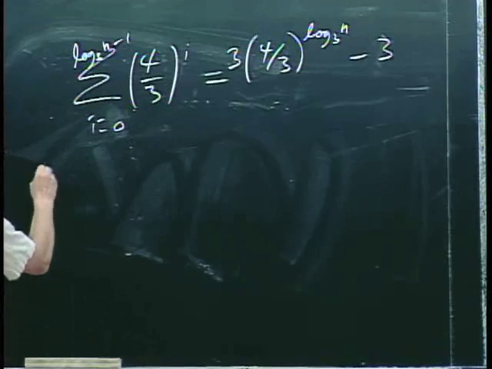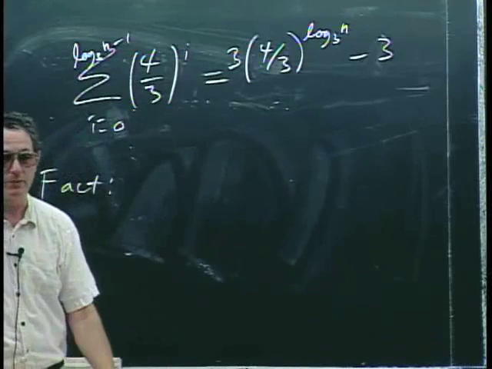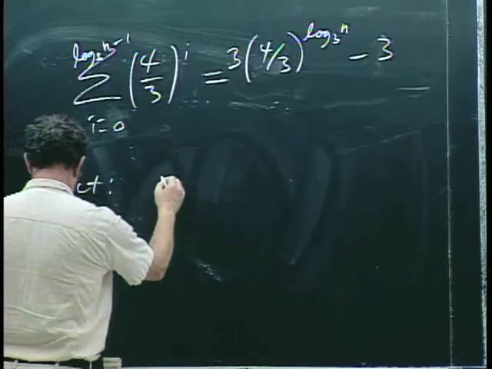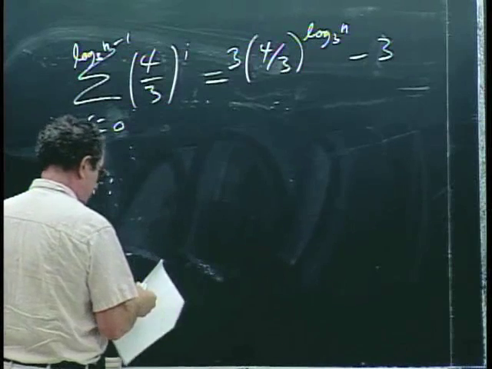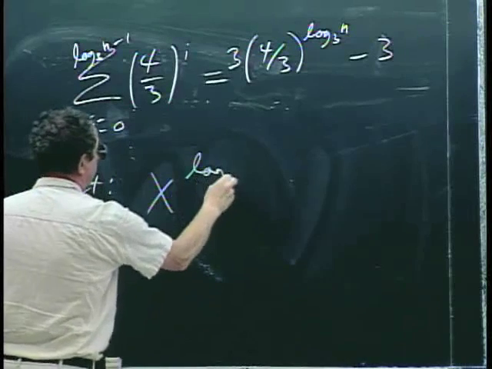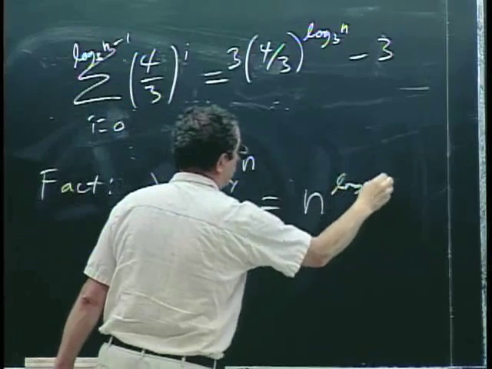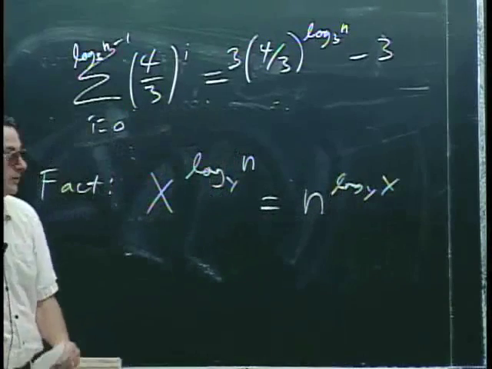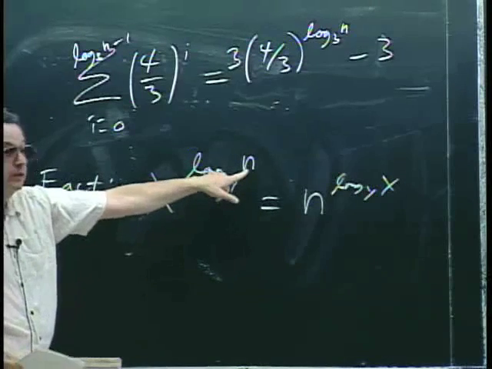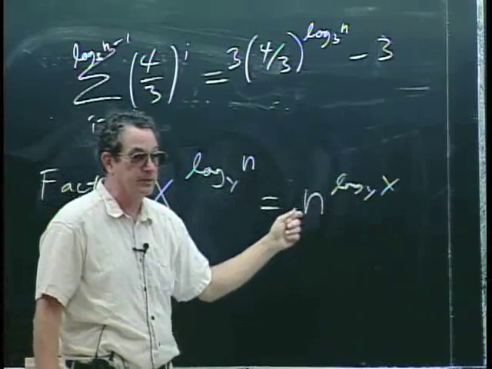So here's a fact that I certainly forgot from when I was in high school, but relearned sometime later, that if we have x to the log base y of n, that's equal to n to the log base y of x. You can interchange what's here being exponentiated with what's here in the log. So the n replaces the x, and the x replaces the n.